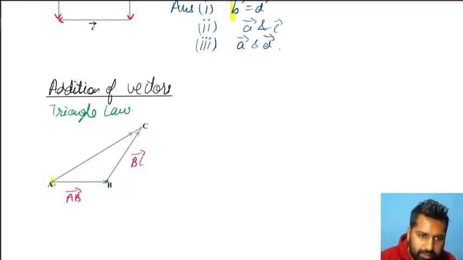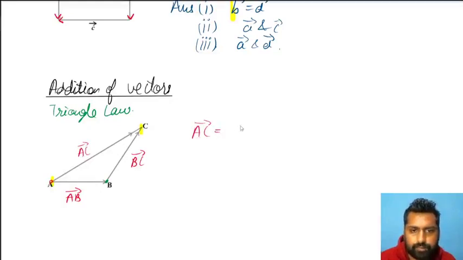If we join the initial point of the first vector and the terminal point of the second vector, you get a triangle, and from A to C, this represents the vector addition of these two vectors. So your AC vector is equal to AB vector plus BC vector.